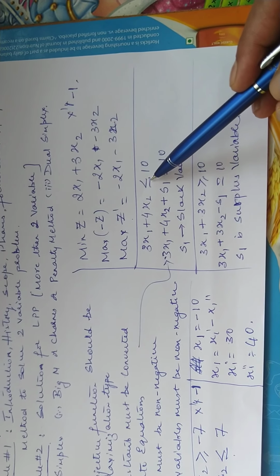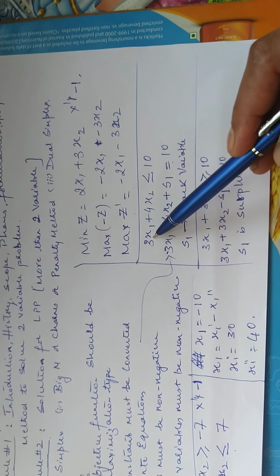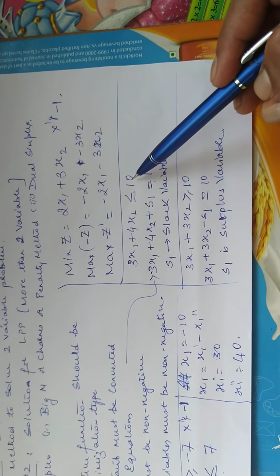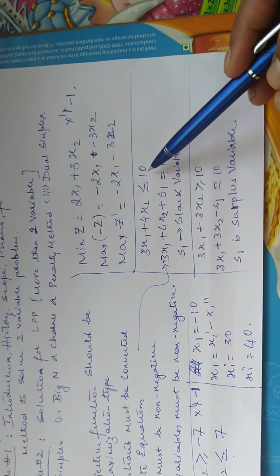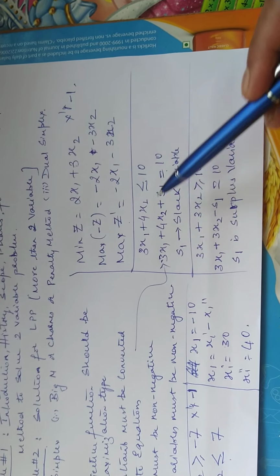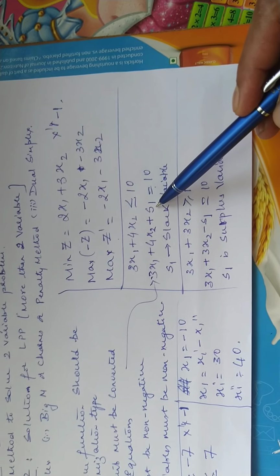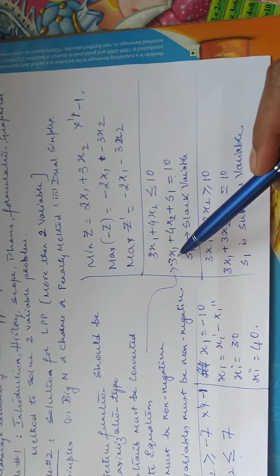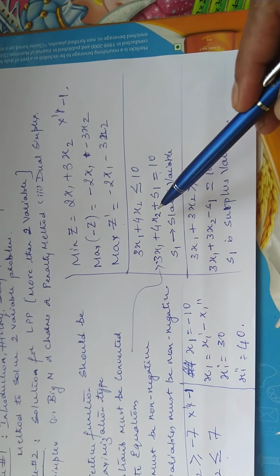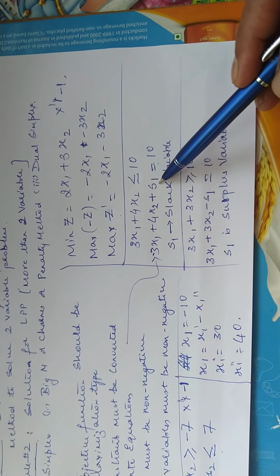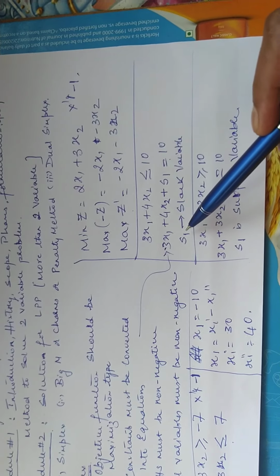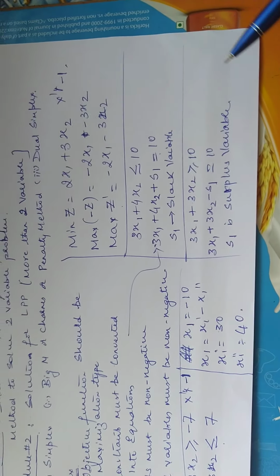By virtue of the inequality, 3x1 plus 4x2, which is the LHS, is already less than 10. We do not know how much less. So in order to convert it into an equality, I'm going to add a variable which is called a slack variable. The value of the slack variable is to be found out. The equation now simply says 3x1 plus 4x2 plus s1, which is the slack variable, is equal to 10. Here in this case, s1 is called the slack variable.